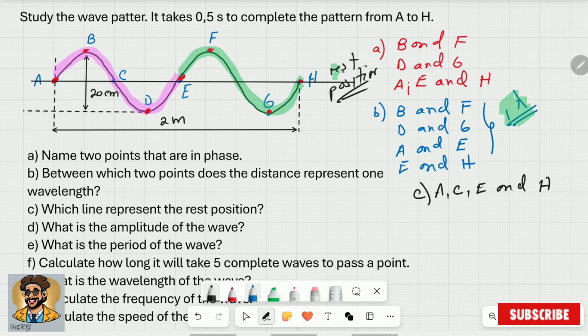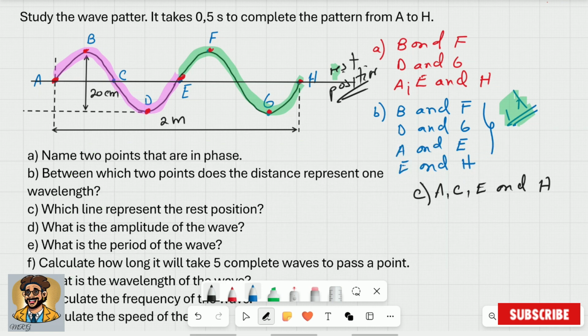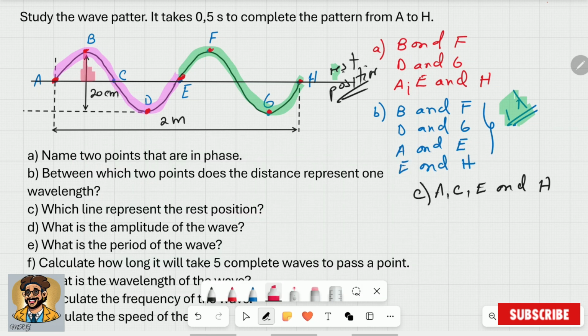Now, what is the amplitude? The amplitude is the distance from rest position to the crest, or from rest position to the trough. Is the maximum displacement of the particle from where? From rest. So here, the rest position, the amplitude pattern will be this distance here.